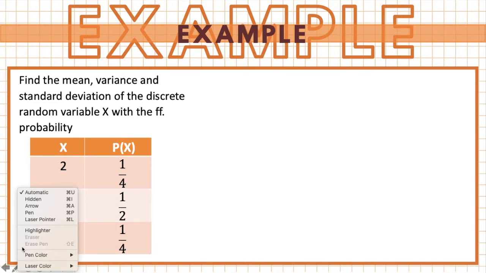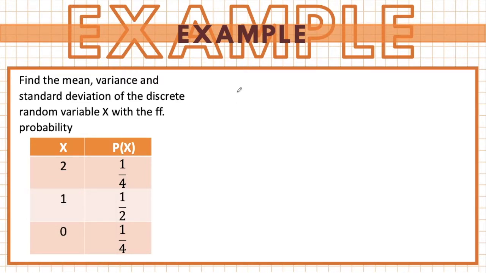So let's start first with getting the mean. To solve for the mean, our formula is mu is equal to the summation of x times probability of x.